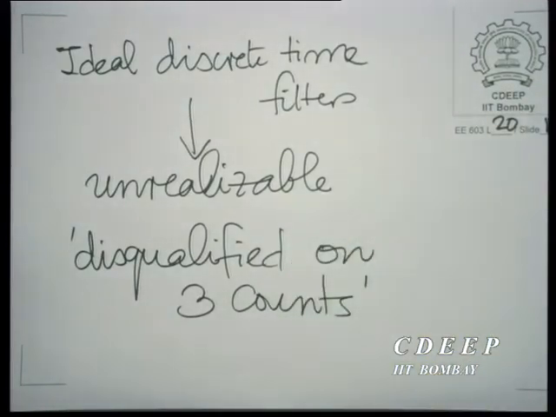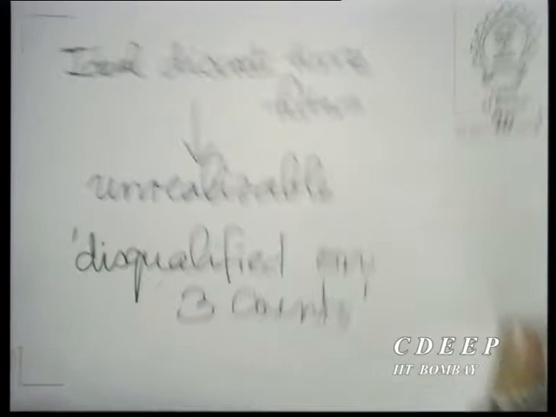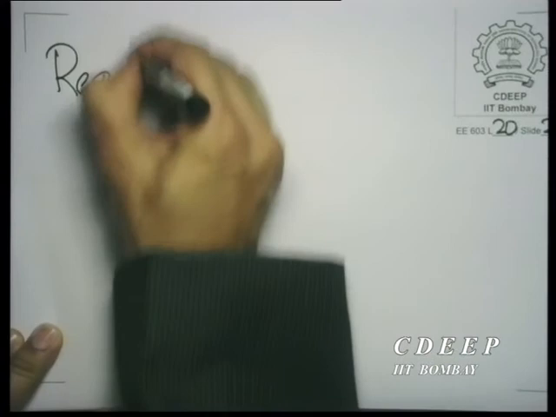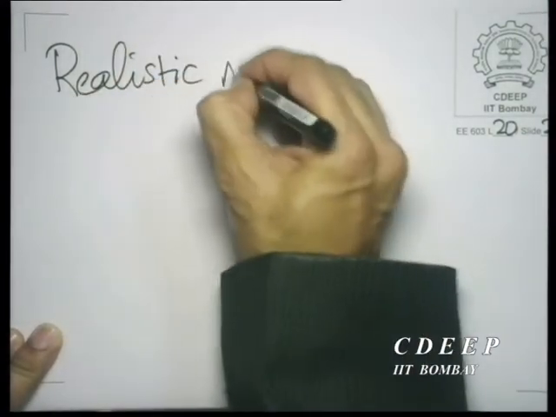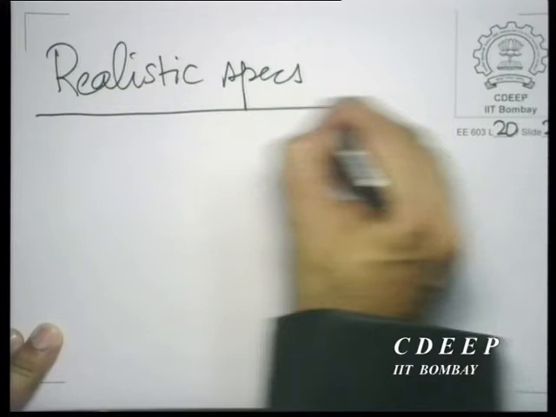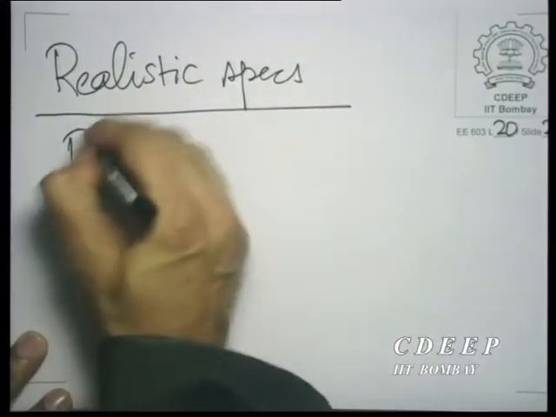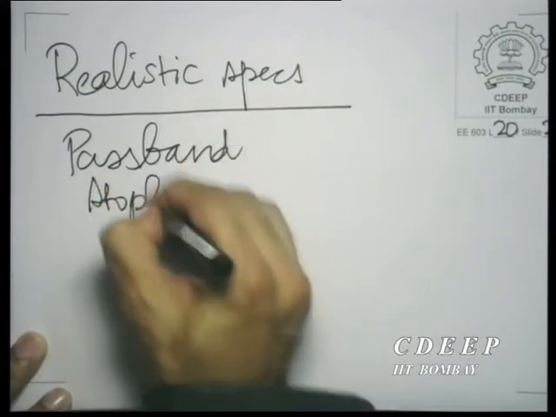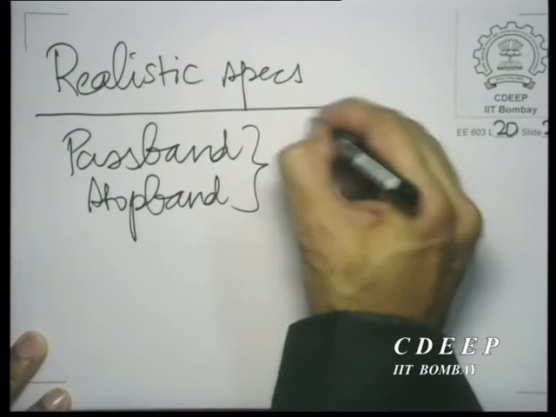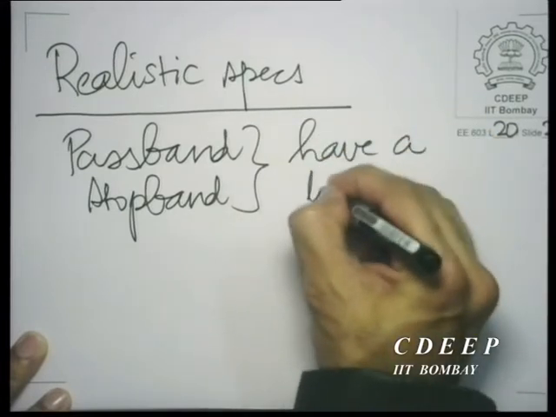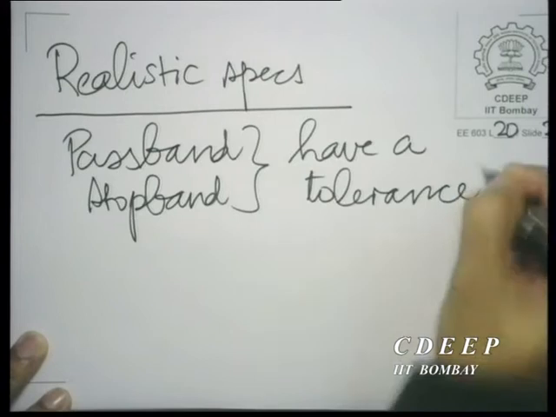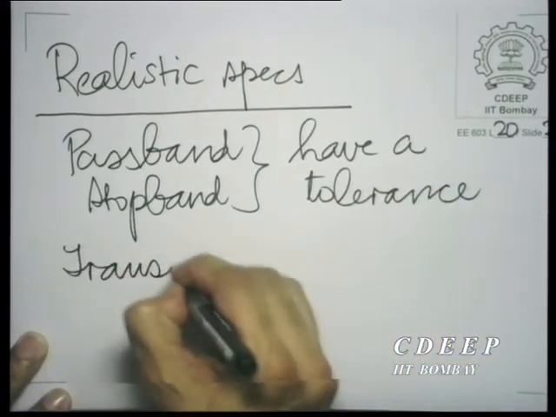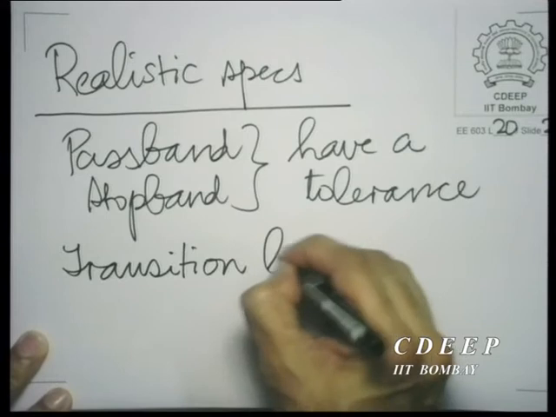We then moved on to putting down a realistic set of specifications. In the realistic set of specifications, the pass band and the stop band have a tolerance. And there is a transition band. These are the 2 things that need to be taken care of.